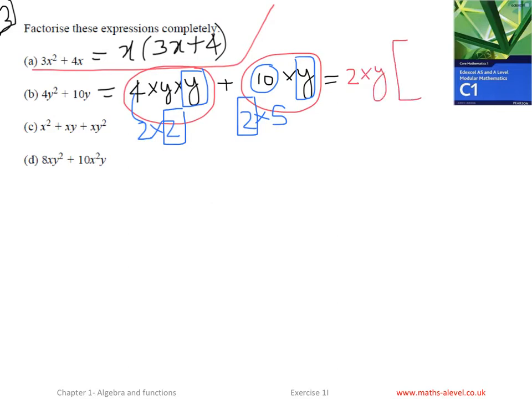Okay, this 2 is here and this y is here. So what is remaining?